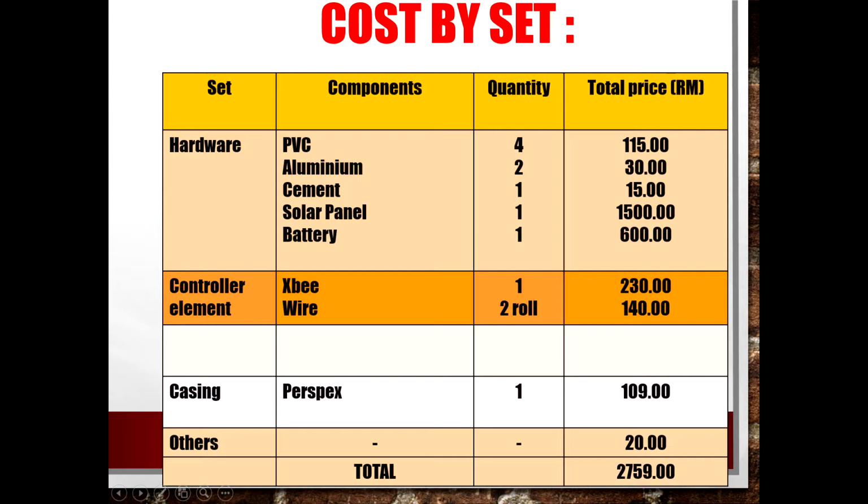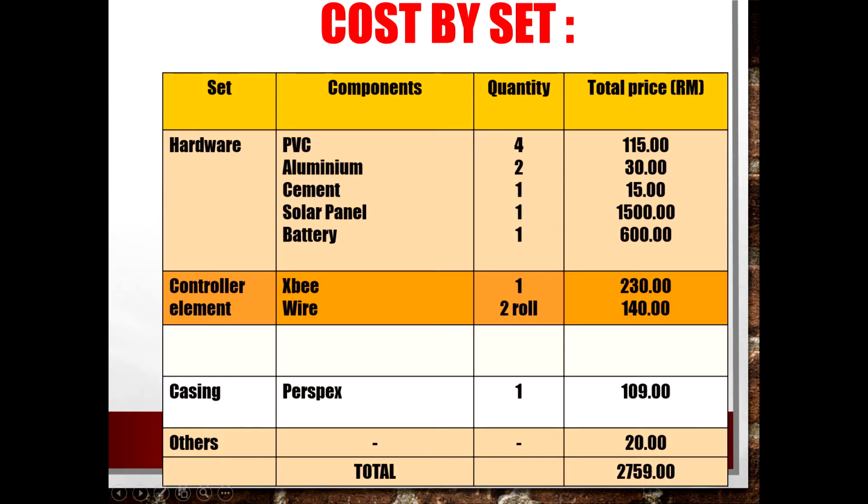Cement 50 ringgit. Solar panel 1,500 ringgit Malaysia. For the battery, 600 ringgit Malaysia.